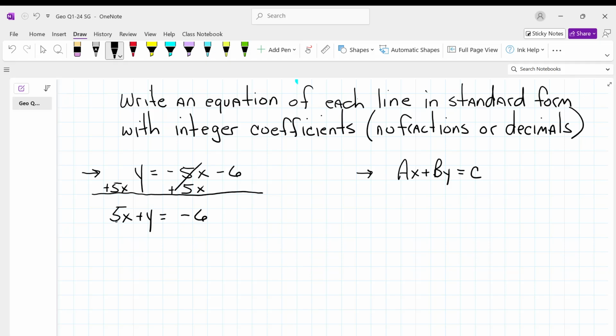This equation, 5x plus y is equal to -6, is in standard form. Your a is the 5. Your b is what's in front of the y, which is a 1, but it doesn't get written. And your c is the -6. Simple enough?